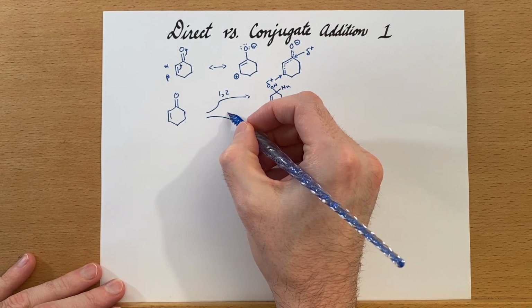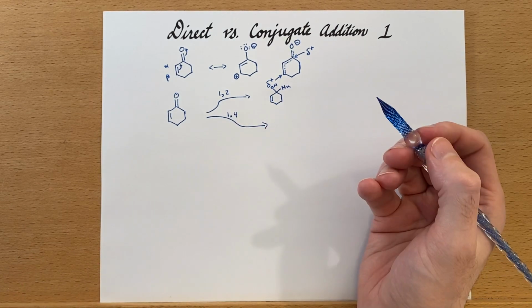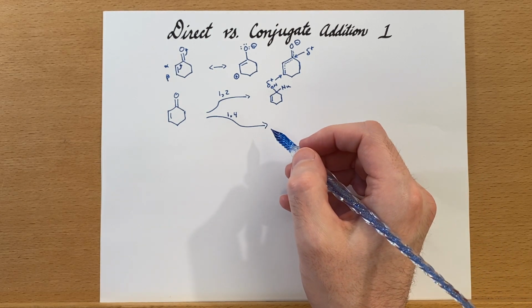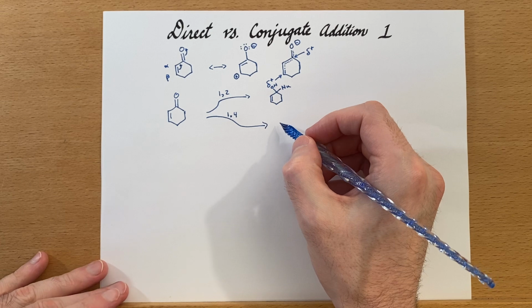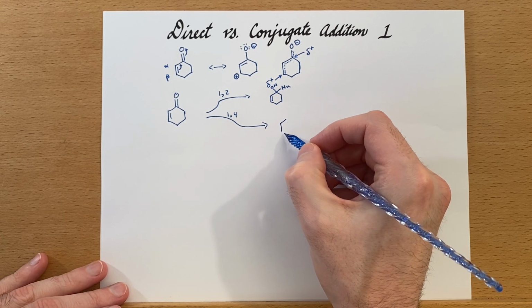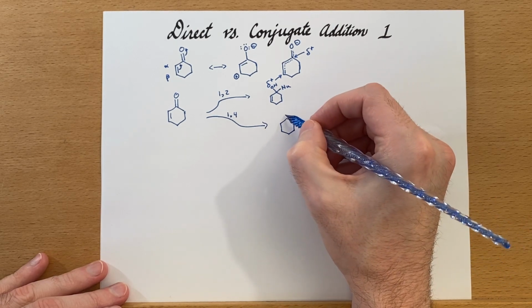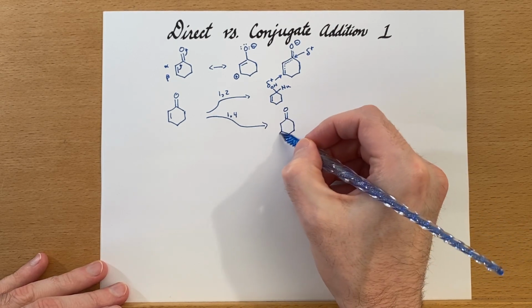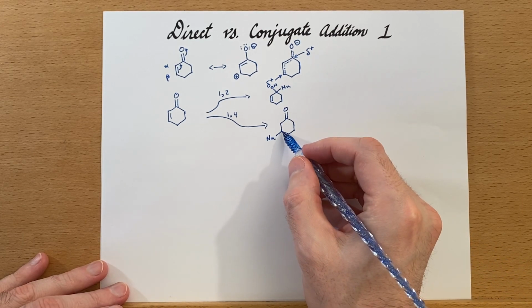It's also possible to do 1-4 addition, which you may have heard called Michael addition, after the scientist who did a lot of work with this. His last name was Michael. In that case, you'll end up with this, where the nucleophile is added here.